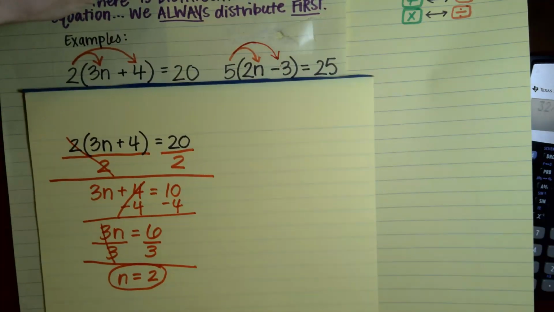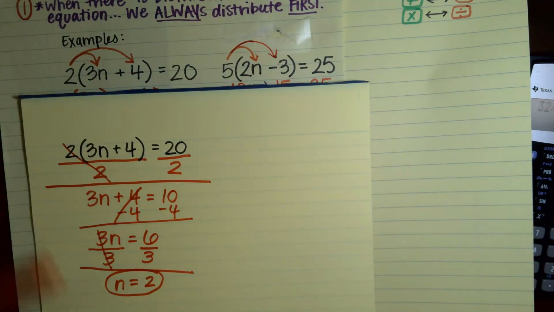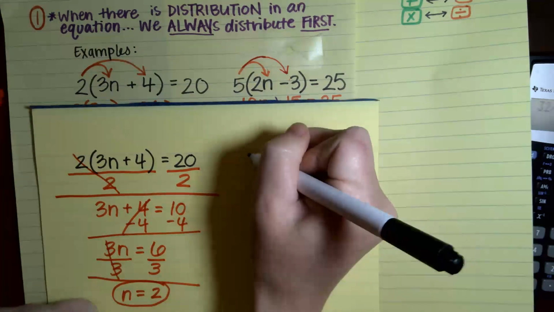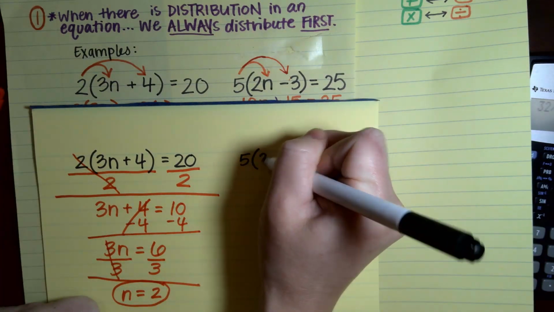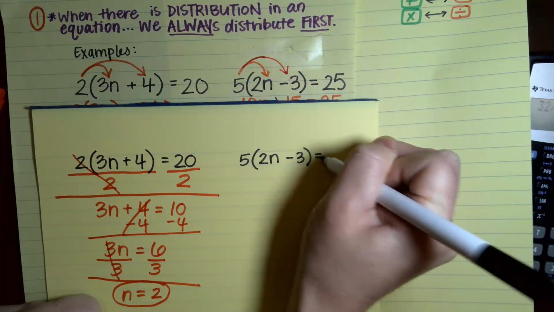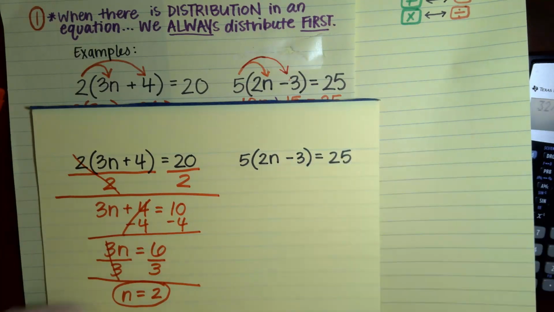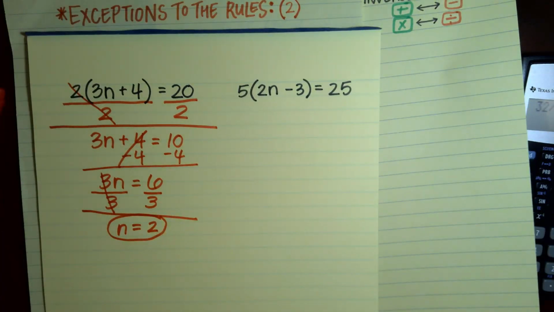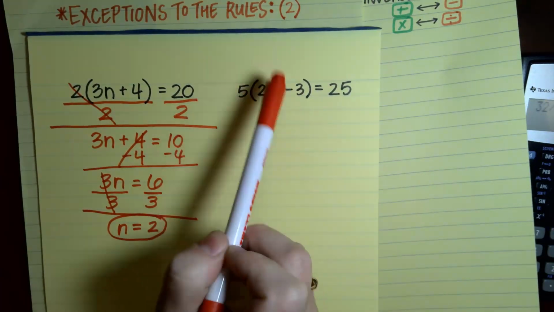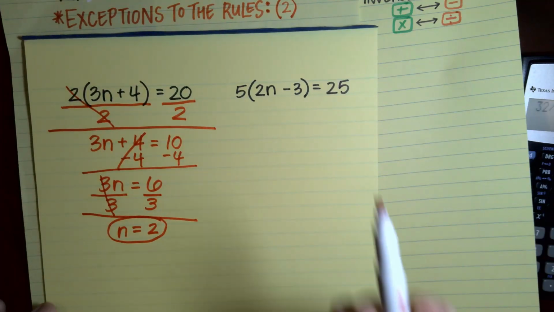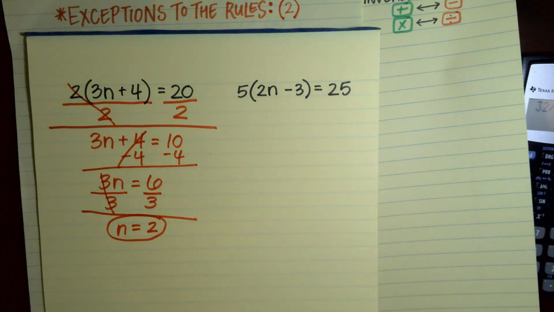My second problem was 5 times the quantity 2n minus 3 equals 25. Okay, so instead of distributing and having to multiply 5 times 2n, 5 times 3, make sure it's negative. Remember all the steps. What could I do to just get rid of that 5?